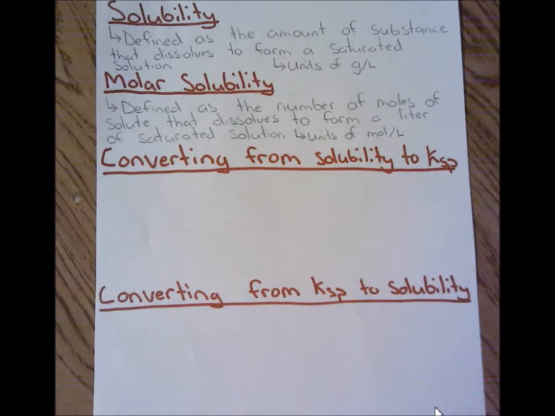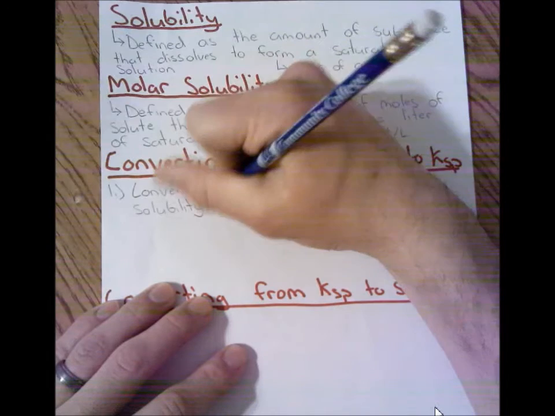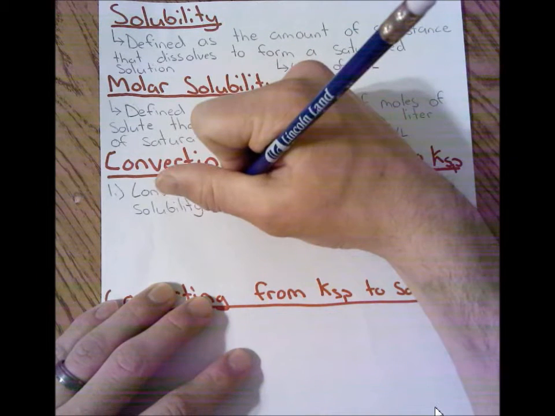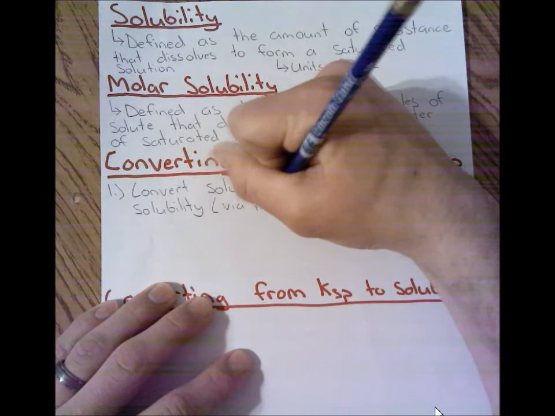To go from solubility to KSP, the first step is to convert solubility into molar solubility. This is done via molar mass, and we've done those types of calculations before.